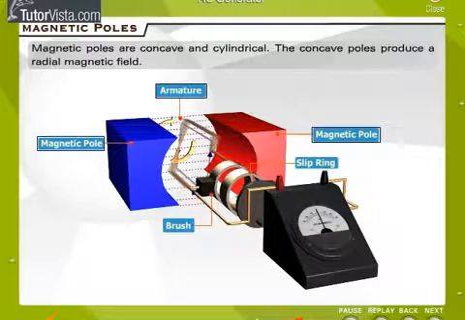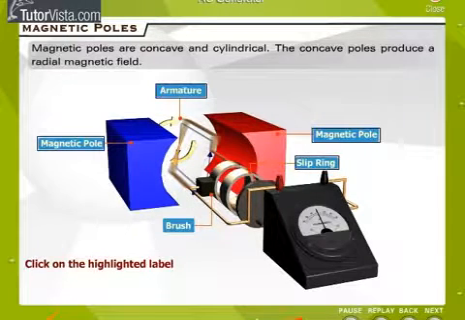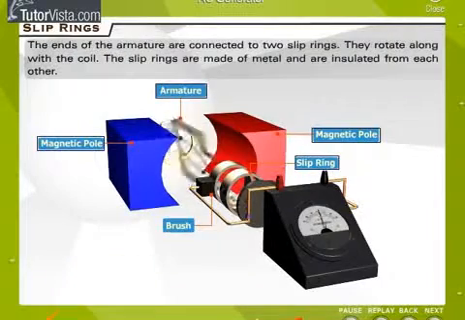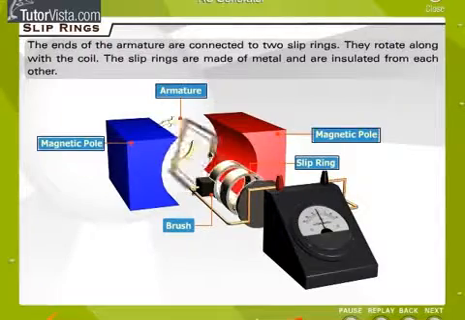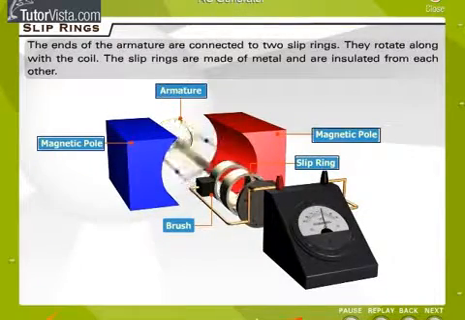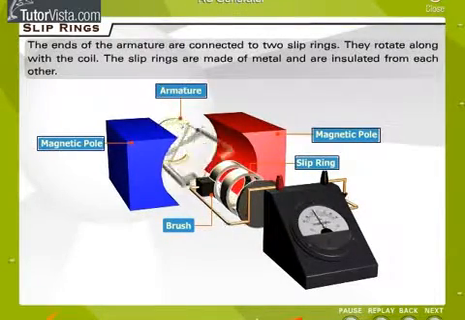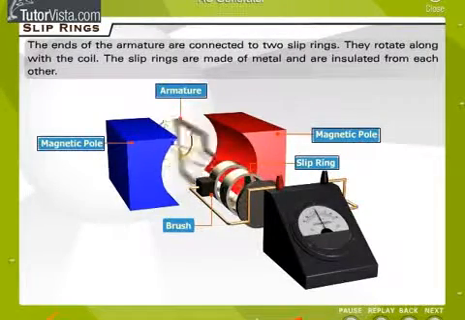The concave poles produce a radial magnetic field. Slip rings. The ends of the armature are connected to two slip rings. They rotate along with the coil. The slip rings are made of metal and are insulated from each other.